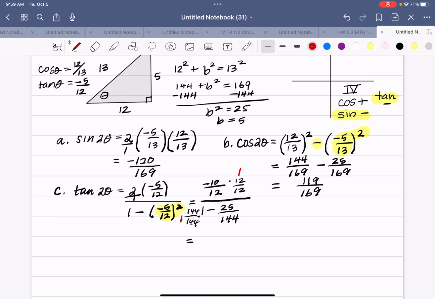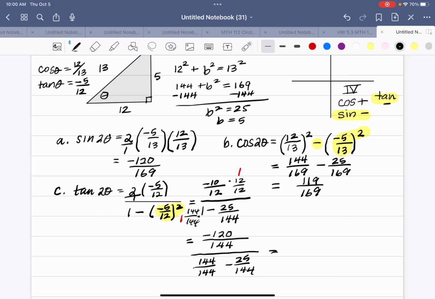We're just changing the format of those two. So I've got negative 120 over 144, and down here I've got 144 over 144 minus 25 over 144.